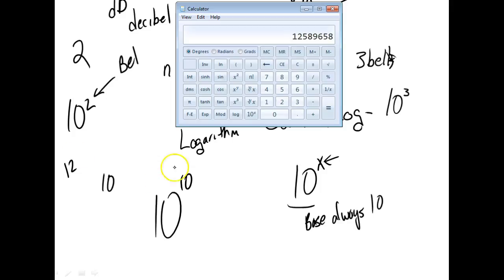But when I hit the log key, that's going to give me the bels that represent that number. Y'all understand? You can do it on your calculator. Okay. So I'm going to hit this key. So that's a huge number. But if I raise 10 to that power, I come back with the number I started off with.